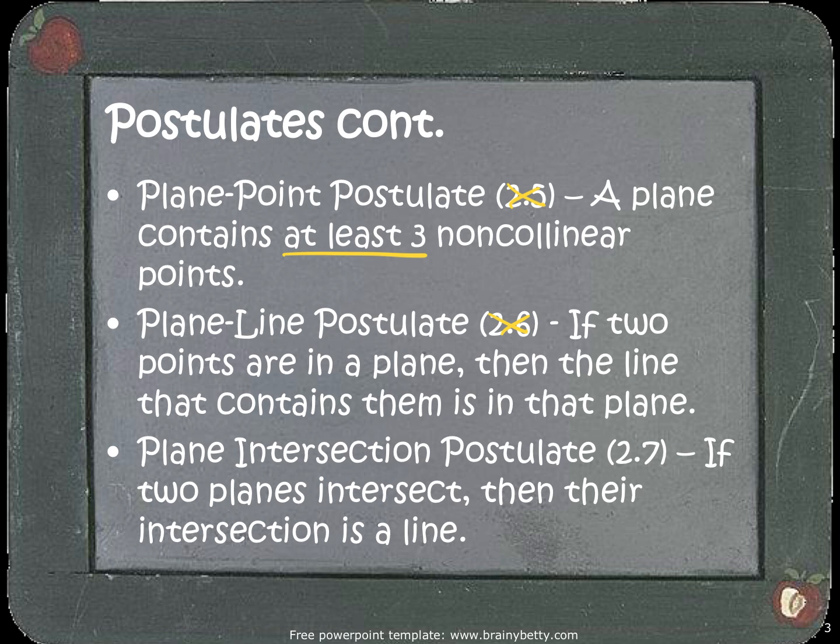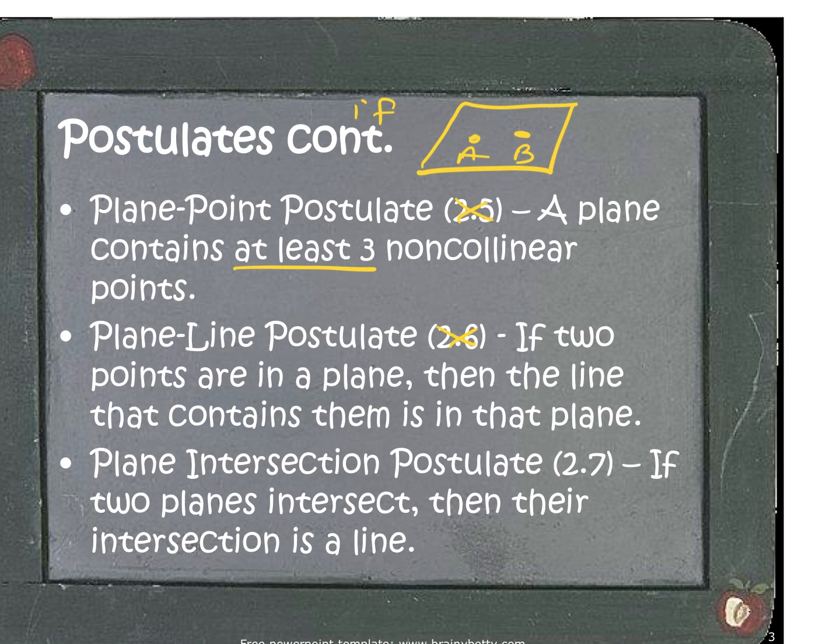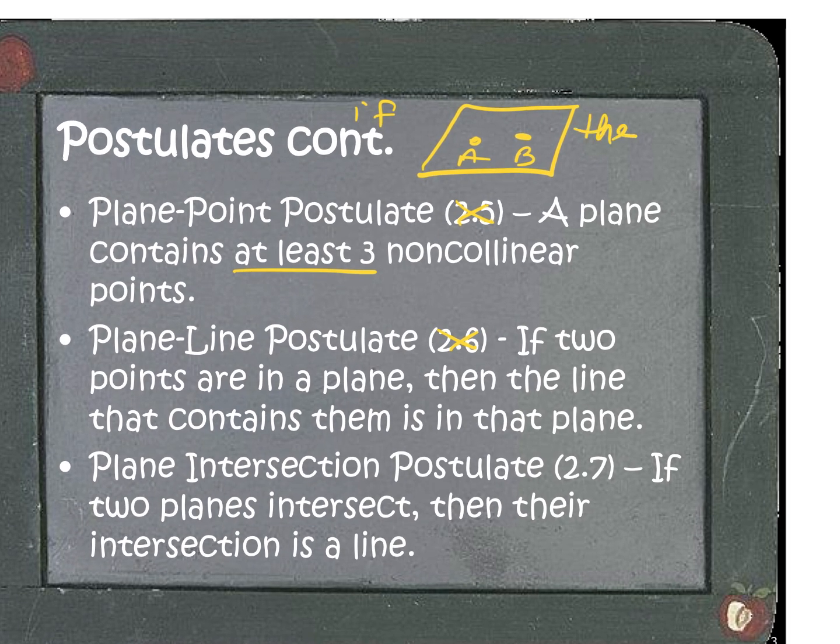So for example, if I draw a plane here, and let's say I put 2 points in here, points A and B. Then the line that contains them, line AB here, would also be in the plane. Now we'd need a third point here that would be not on the same line to name the plane.